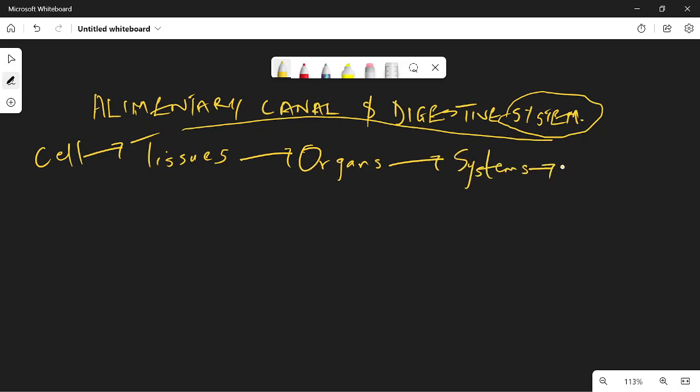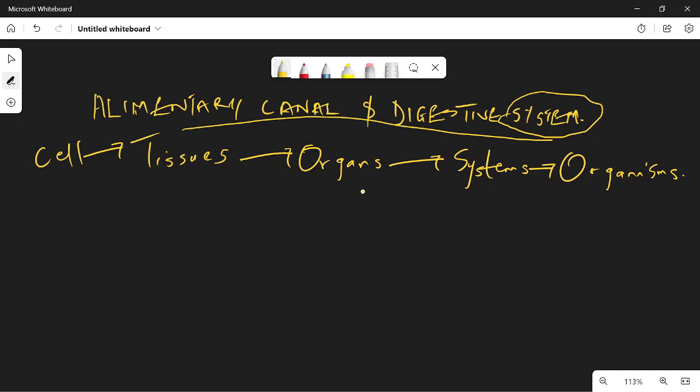In some modern textbooks, you will see organisms. So this is what it looks like. The cell to tissues to organs, then systems, and possibly the organism.